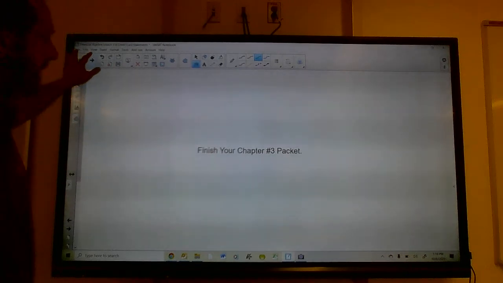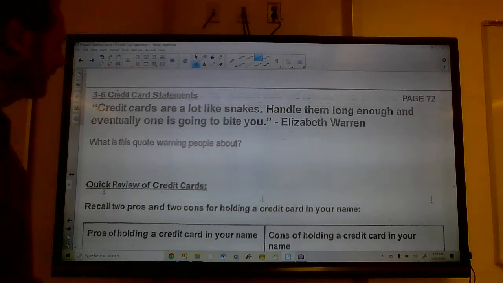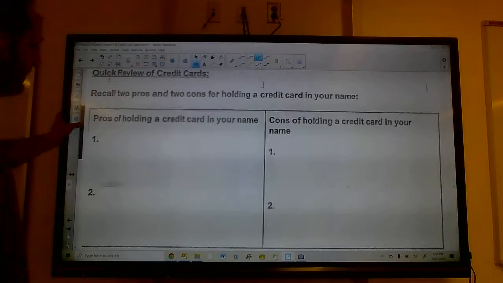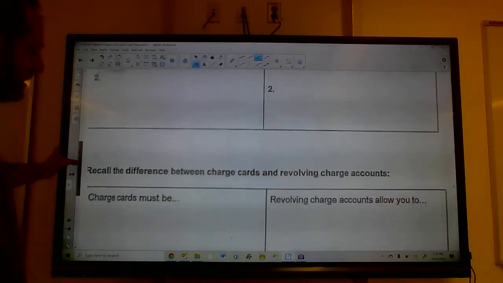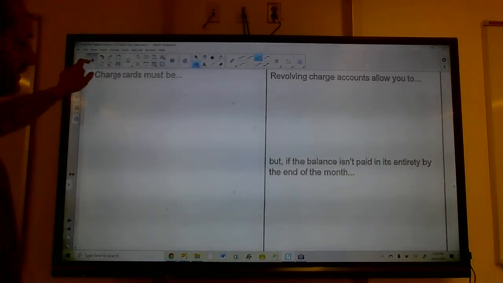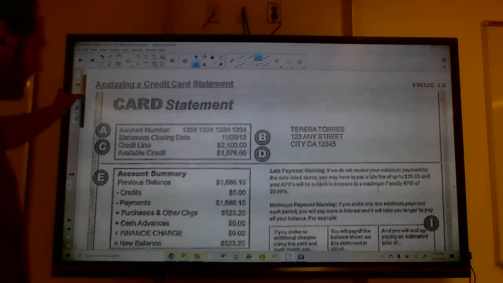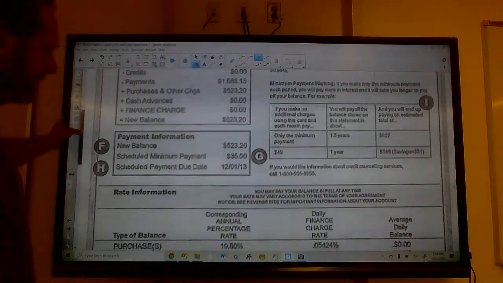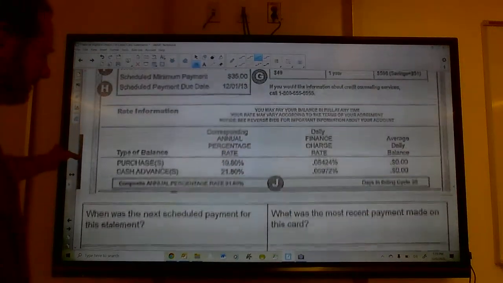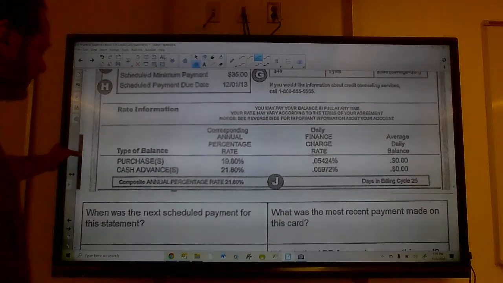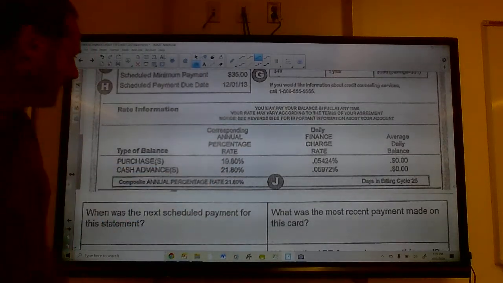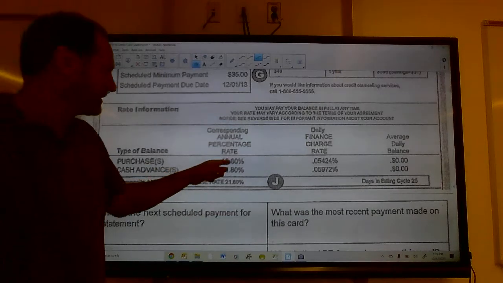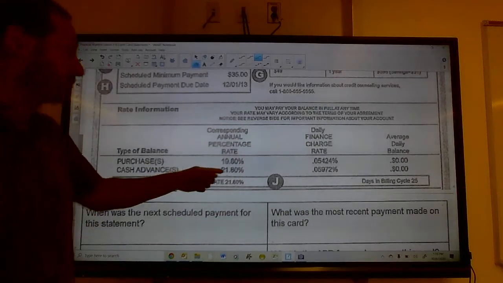Okay, you're going to finish your Chapter 3 packet. Real short lesson. This is a pretty easy little section here. Pages should look like this. And there's analyzing a credit card statement right here. There's a nice looking one for you to figure out. Now notice this. She has different rate for purchases at 19.8%, but cash advance is 21.8%.